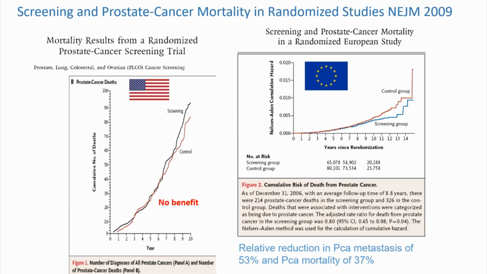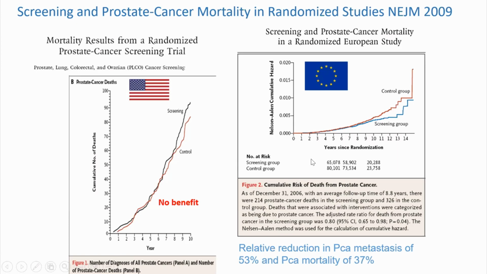You have two main randomized studies on prostate cancer screening and mortality. The first one is a US study with no benefit of screening between the control group and the screening group in terms of mortality and metastasis outcome.